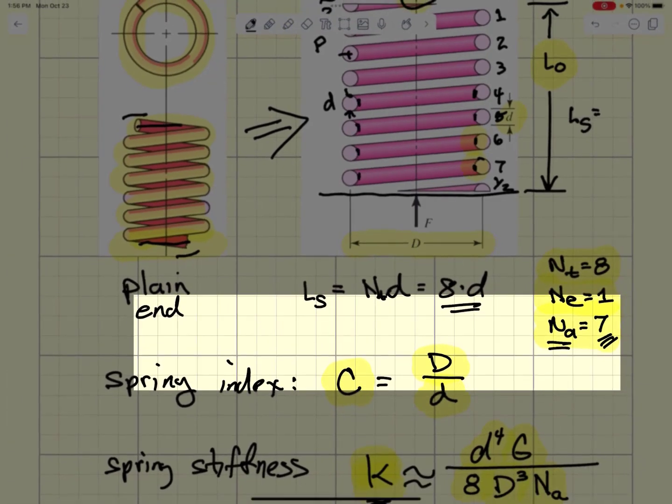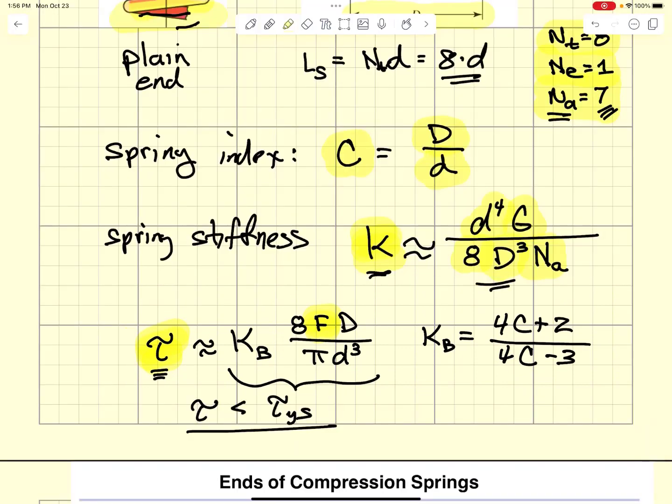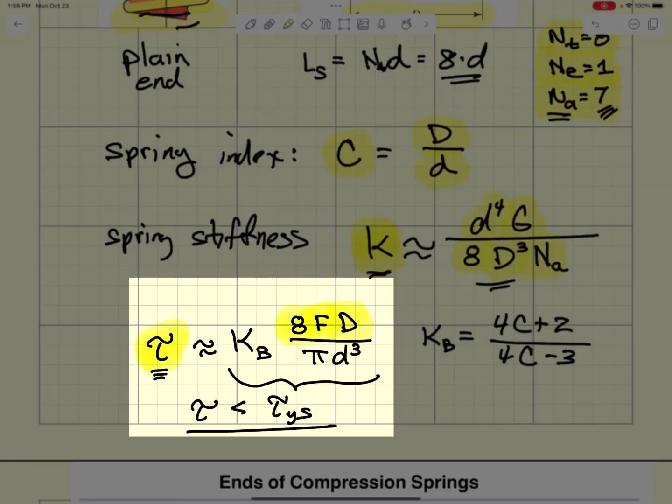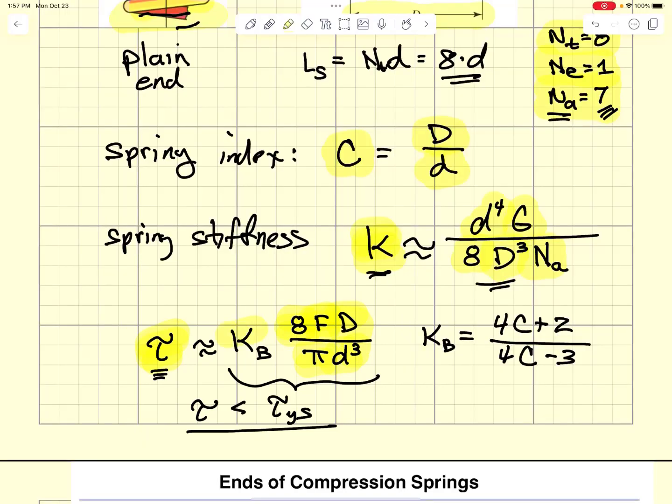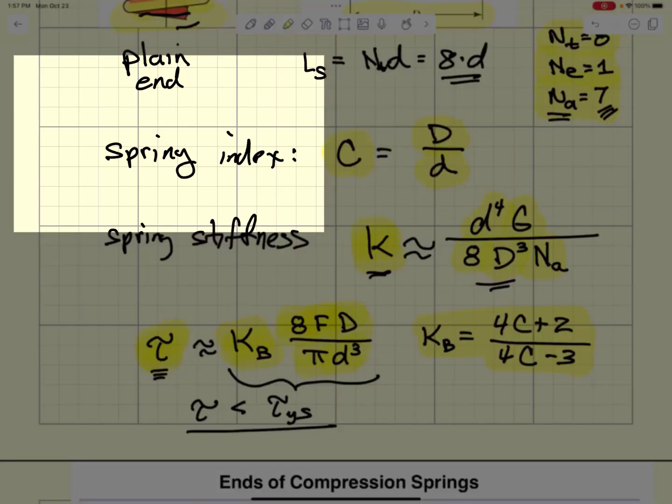We approximate that stress using the applied load F and the coil diameter capital D, 8 times that in the numerator, divided by pi times the wire diameter to the third power, and we correct for both the curvature and the spring index using the Bergsträsser factor right here, which is 4C plus 2 over the quantity 4C minus 3. If we're going to be using this spring, we're going to be choosing a shear stress that is less than the yield strength of the material. And we will get to that in a short bit.